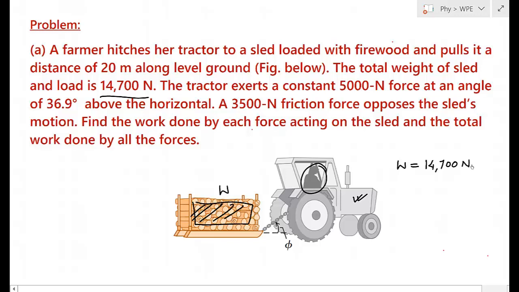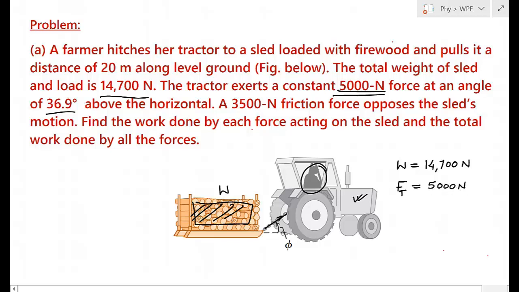Now the tractor applies a force of 5,000 Newton at an angle of 36.9 degrees. Let's call this force applied by the tractor Ft. This force is applied through a chain and has a magnitude of 5,000 Newton.